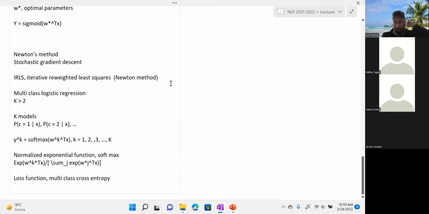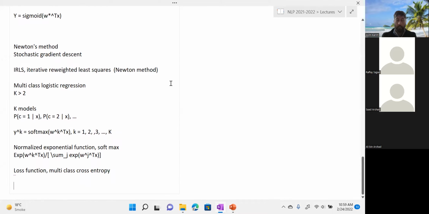Of course, there are multiple classes and multiple variables, so that's why it becomes messy. But it's similar to the binary cross entropy. So again, this is an optimization problem. After minimizing the loss, you get the parameters W star for each K.